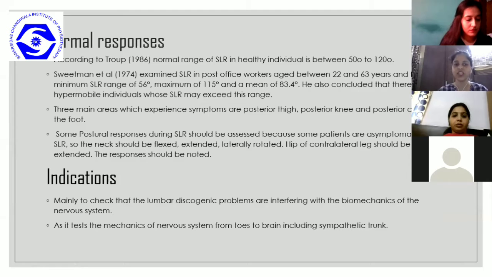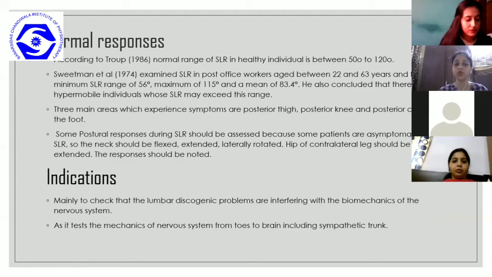The SLR range of 56 was the minimum and the maximum was 150, with a mean of 83.4. He recorded that this definitely differs between hypermobile individuals and other individuals.